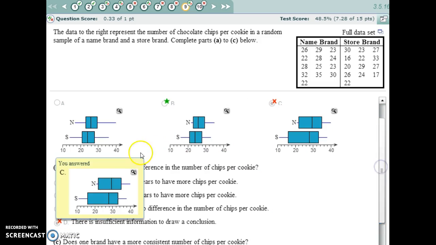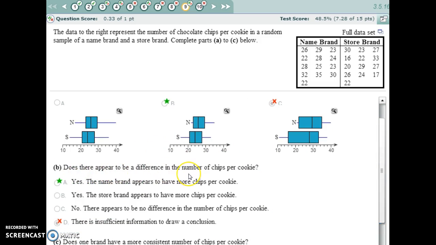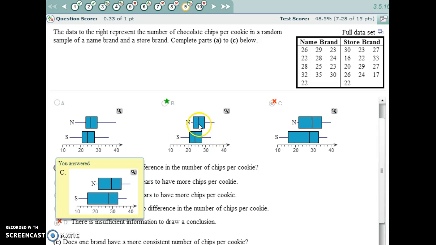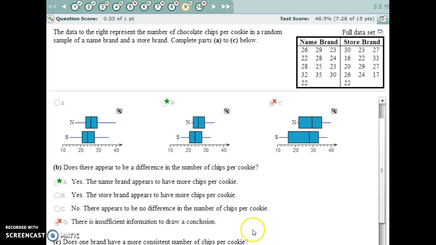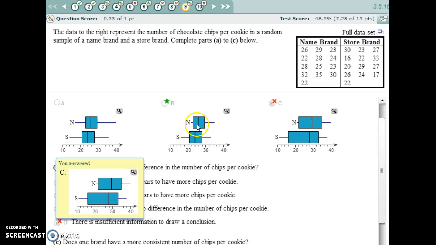And then does there appear to be a difference in the number of chips per cookie? And if you look at our 2 box and whisker plots here, the name brand's box is just shifted a little higher than the store brand. So the majority of cookies, the 25% up to 75% of their cookies all have more chocolate chips than the store brand does.